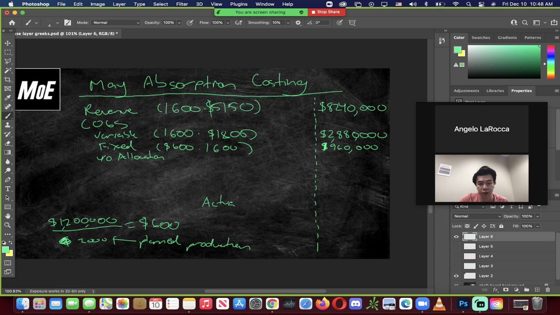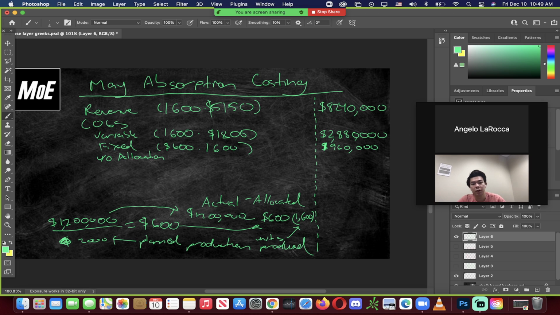So actual minus allocated. Actual is going to be 1.2 million. We're pulling that from here. And allocated is $600. So we pull that from there, times the units produced. And the units produced here is 1,600. And remember, this is the only place in the question where we ever use units produced. We get 240,000.